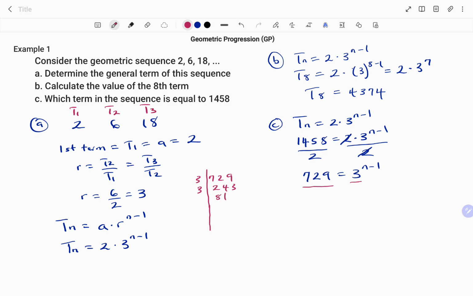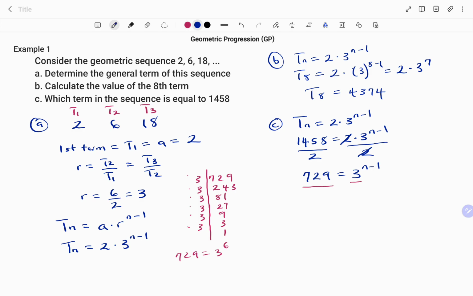I'm using the long repeated division method. 3 in 81, I have 27. 3 in 27, I have 9. 3 in 9, 3. 3 in 3, 1. So 729 here is going to give me 3 to the power of 6.